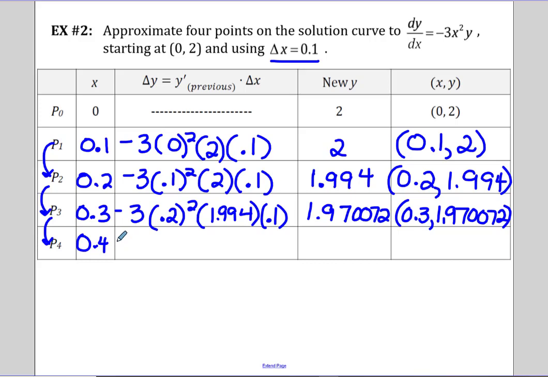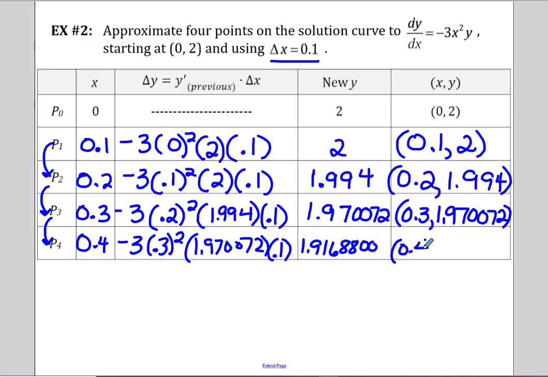And then the last one is negative 3 times 3/10 squared times our previous y times the delta x, and all of that subtracted from this gives us 1.916880. So the final point on the approximation is 1.916880. So remember, these are numerical methods for calculating points on a differential equation that possibly can't be solved algebraically.